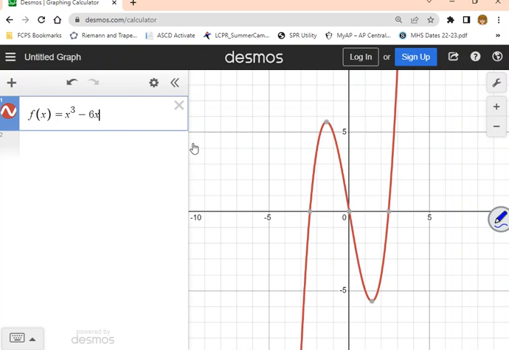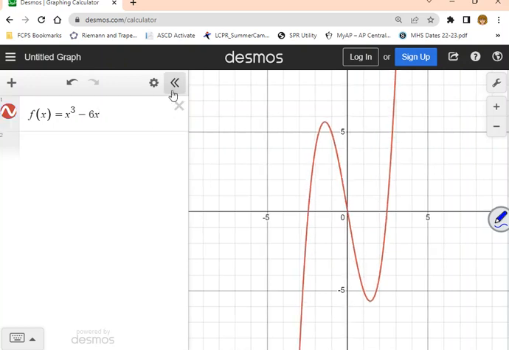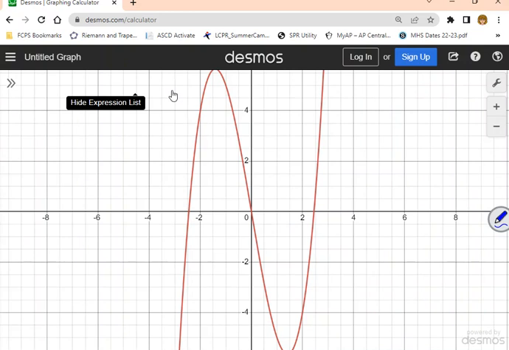Okay. x cubed minus 6x looks like this. If we were going to mark off the area from x equal to 0 to x equal to 1, oops, that's not how that scale is. Sorry, let's look at that again. I realize that's 2, so that must be 1. So that's x equal to 0, x equal to 1.